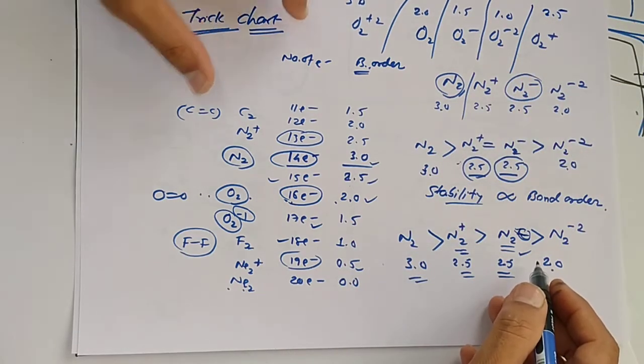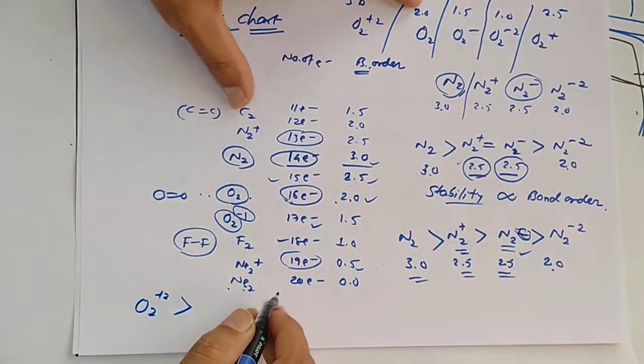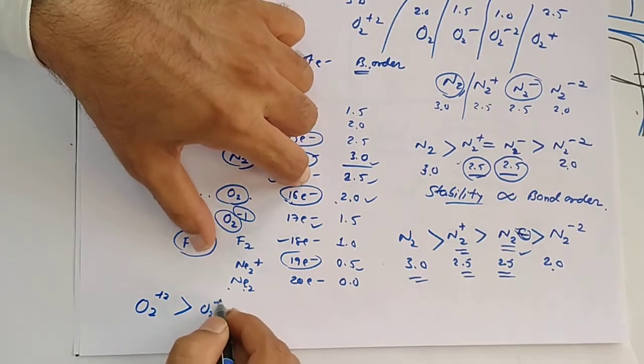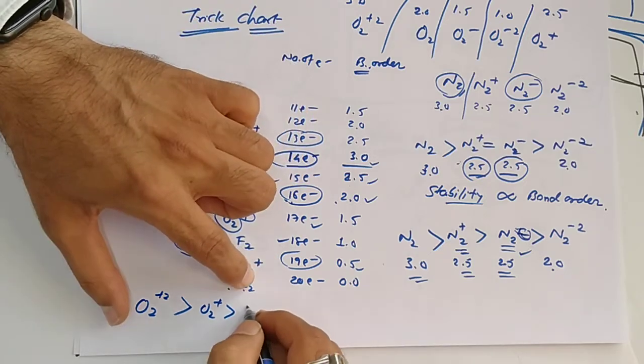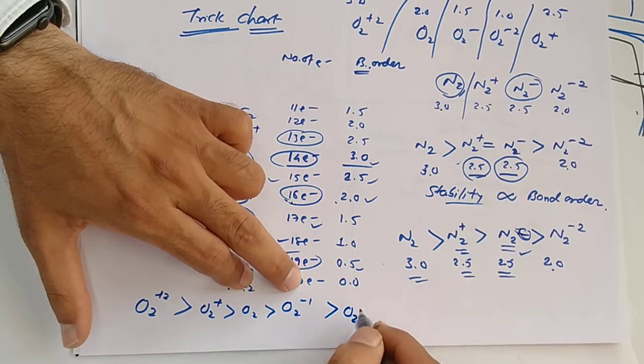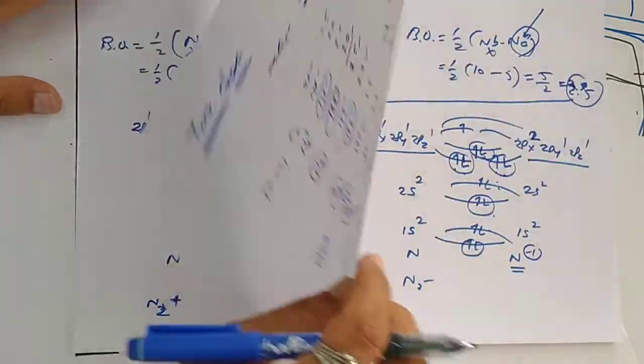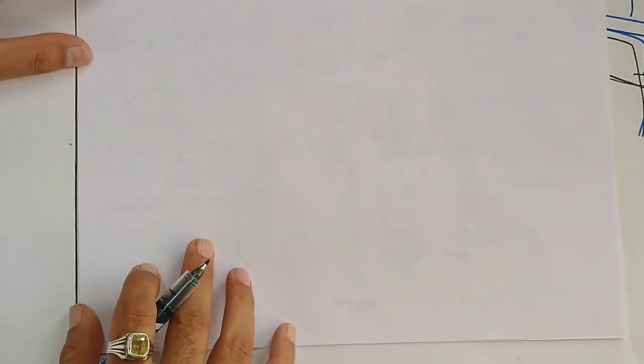So stability is highest for O2 plus 2, then O2 plus, then O2, then O2 minus 1 and very low for O2 minus 2. This is the stability order. I hope you enjoyed our trick.